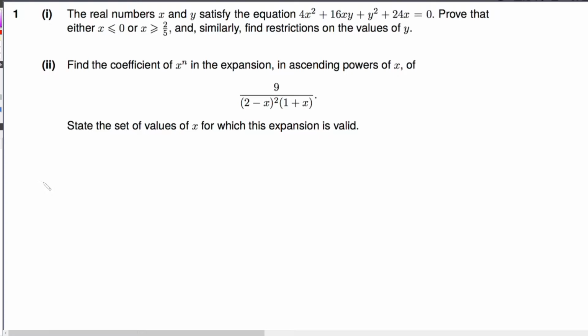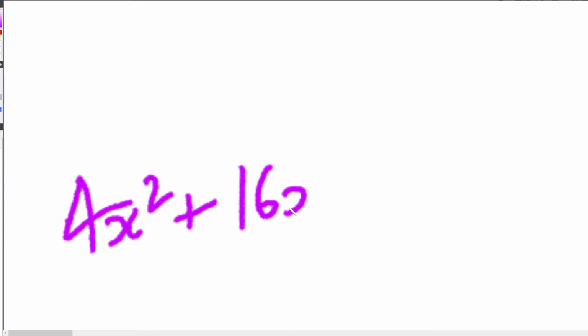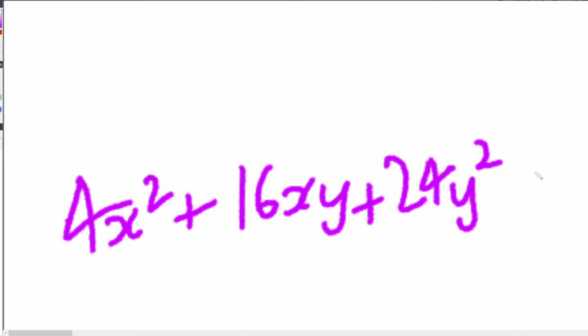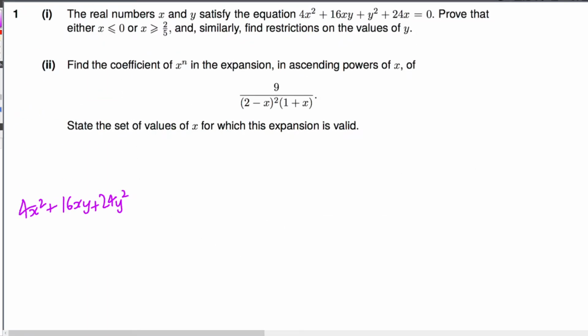So we have 4x squared plus 16xy plus y squared plus 24x is 0.